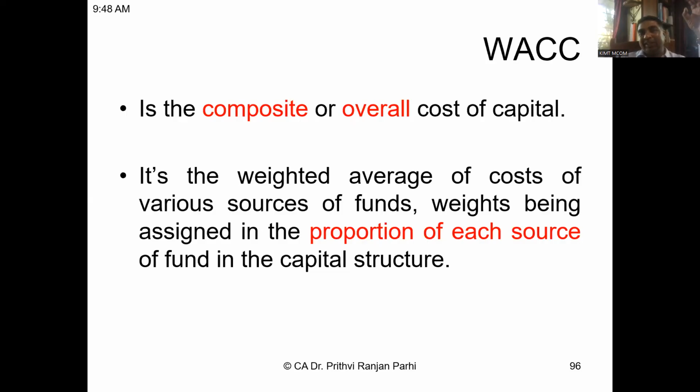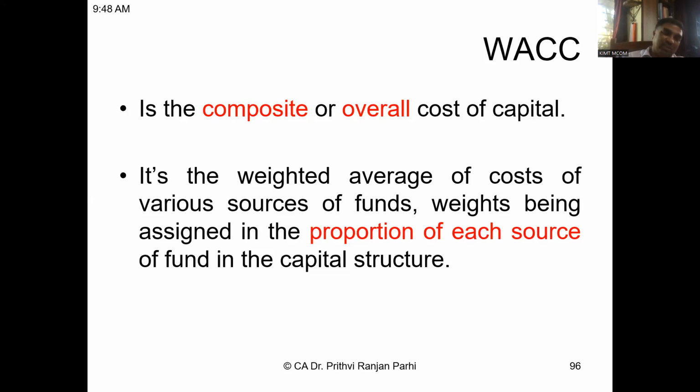You'll be able to understand if you look at this example. First, you read these basic things. Weighted average cost of capital is the composite or overall cost of capital. You can call it overall cost of capital or composite cost of capital. It's the weighted average of costs of various sources of funds, weights being assigned in the proportion of each source of fund in the capital structure.